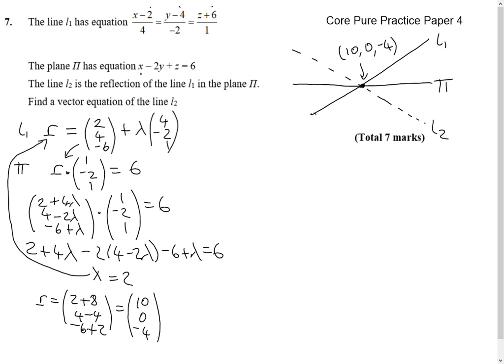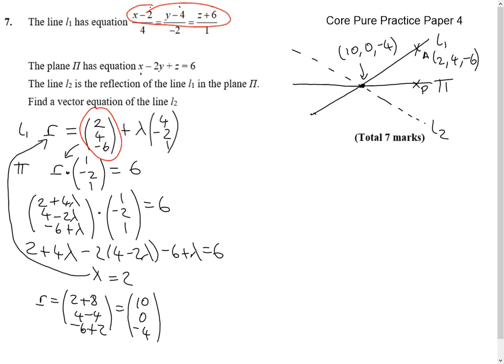Right, what we want to do now is find out something else about line 2. So what can we do for this? Well, we know a point on line 1. If I call that A, the point on the line is (2, 4, -6), which is in the equation that we got from this one.